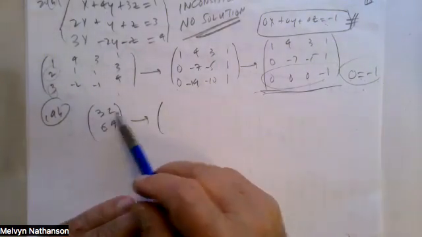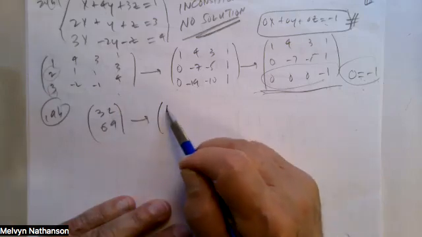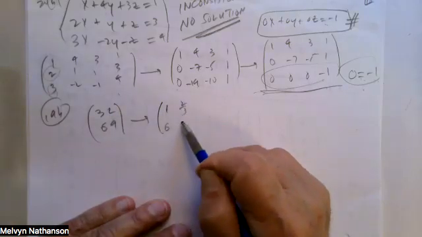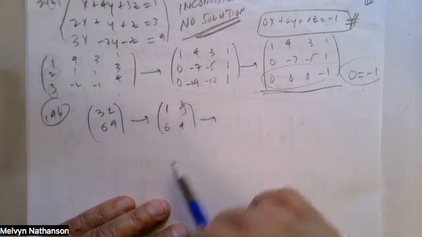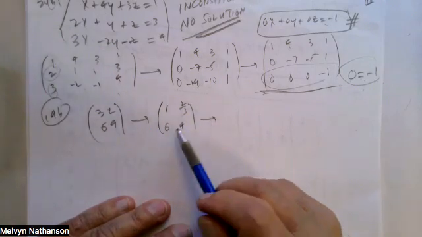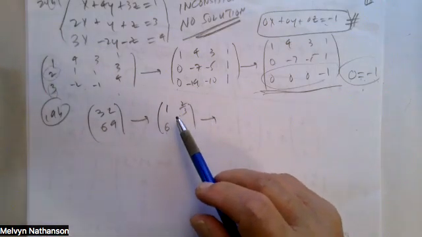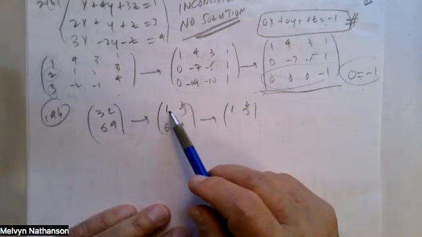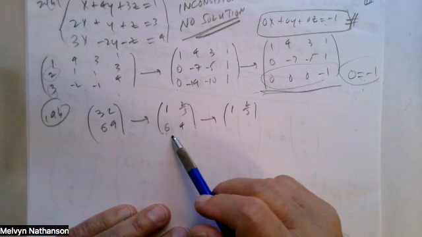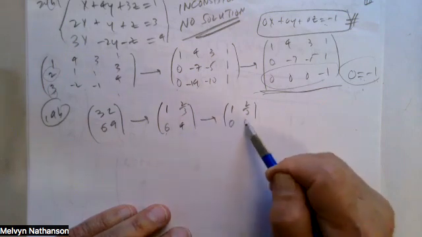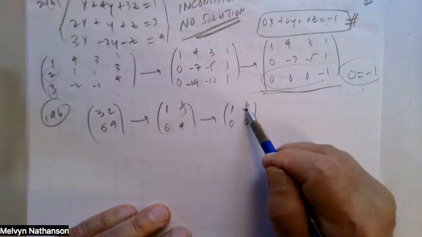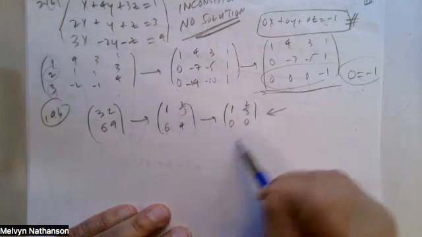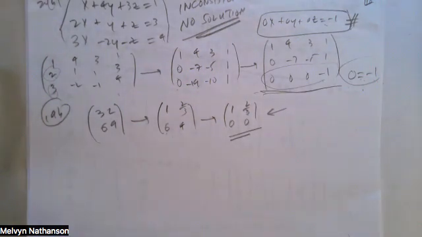I could multiply the first row by a third to get this. Then I want to get a 0 here. I multiply the first row by 6 and subtract from the second row, and I get 0, 0. So that's the answer. That's in reduced row echelon form.